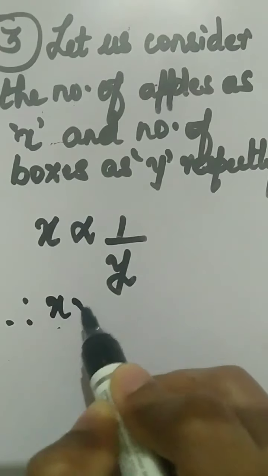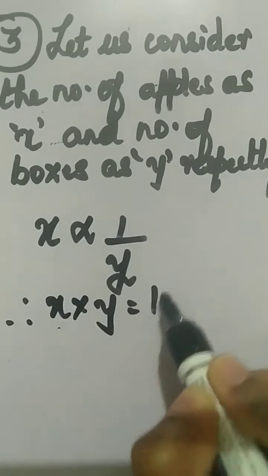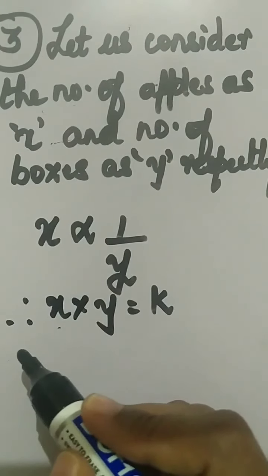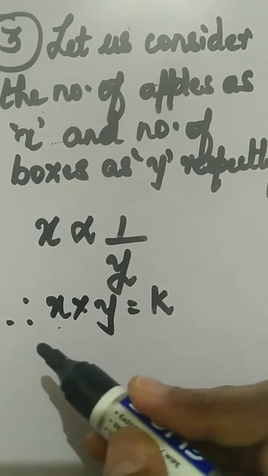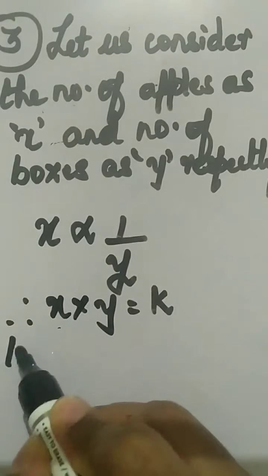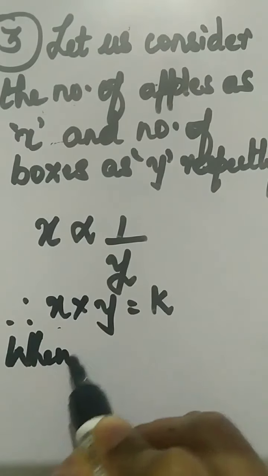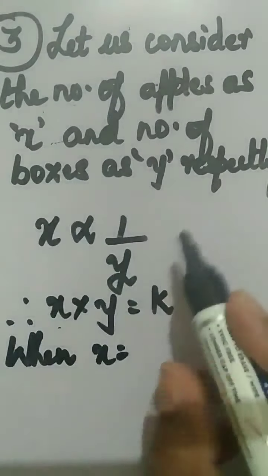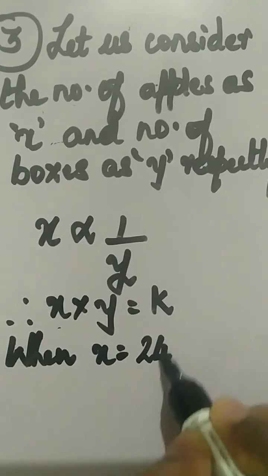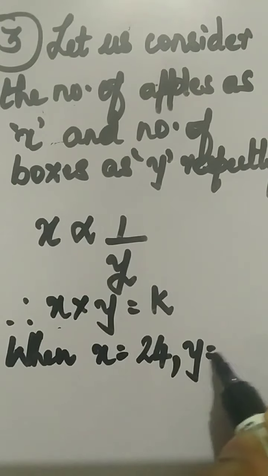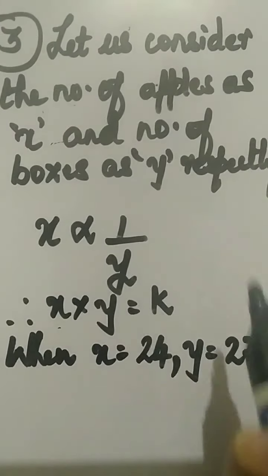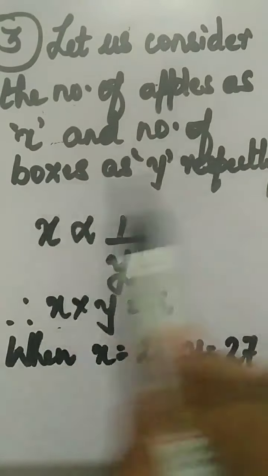Therefore, x into y is equal to k, a constant. Now they have given the values, no? If 24 apples are put in a box, x is equal to 24, apples are for x. y is 27, 27 boxes are needed, y for number of boxes.